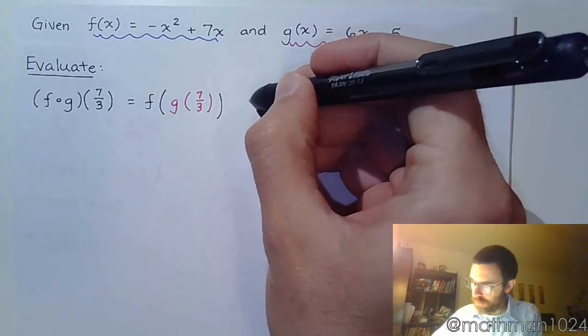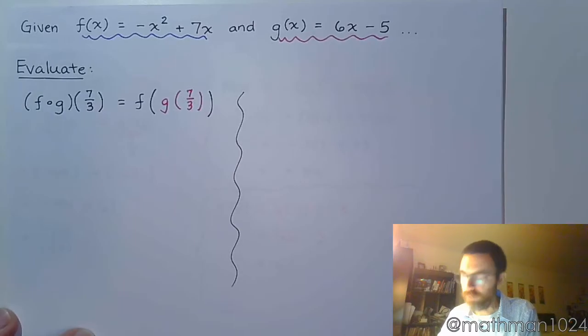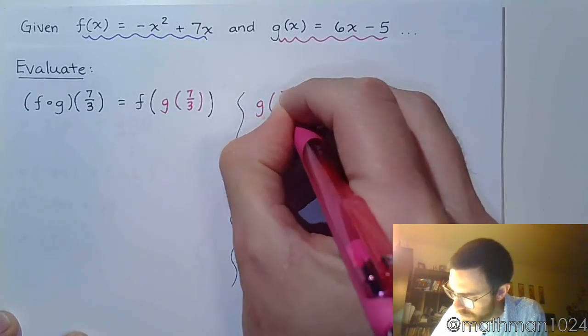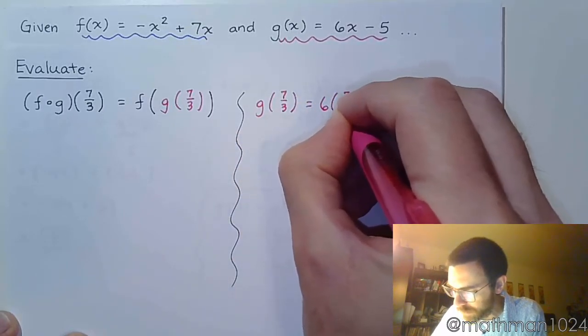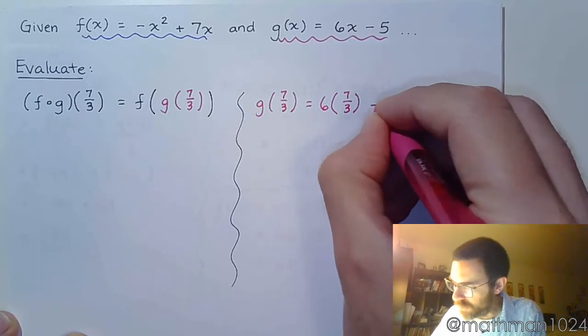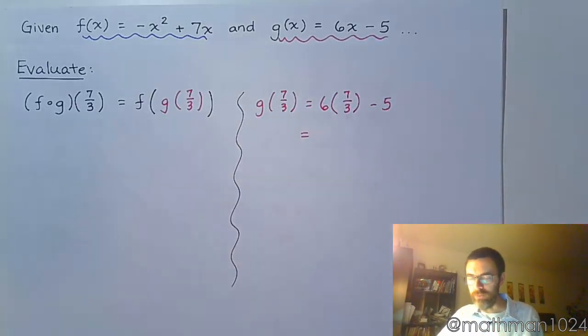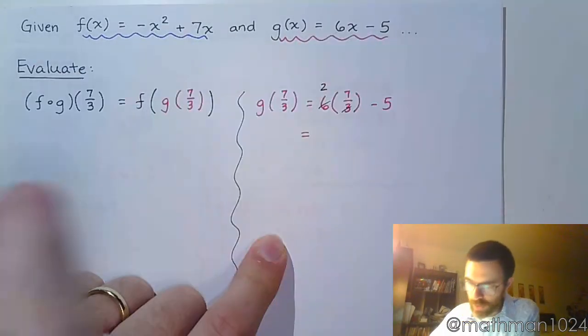So I'm going to, again, create some separation. And let's do g of 7/3. I know it's got a fraction, but it's probably not that bad, right? So replace the x with 7/3. And now look how lucky we are, because 3 goes into 6 twice.